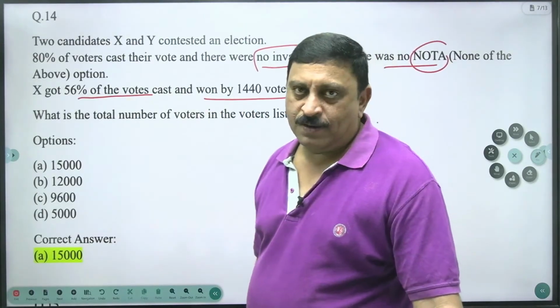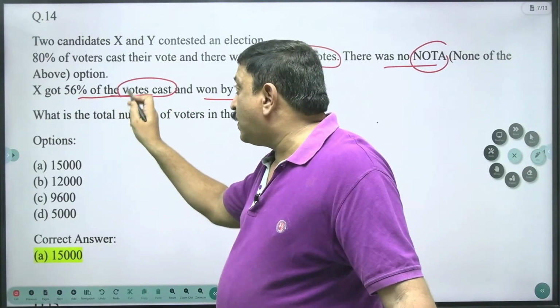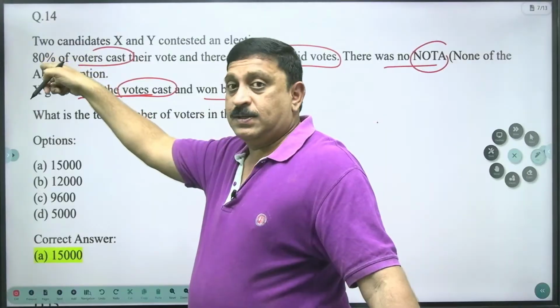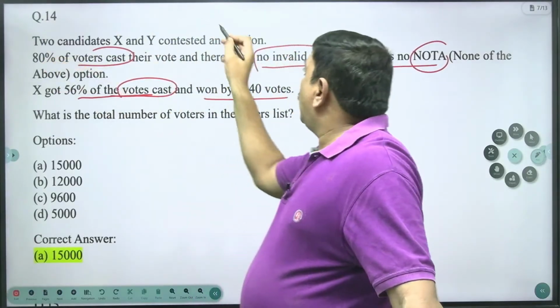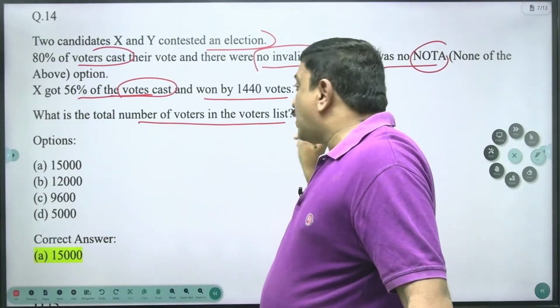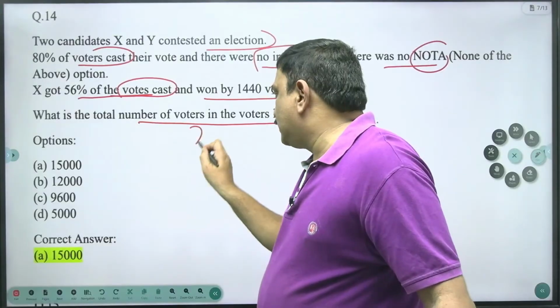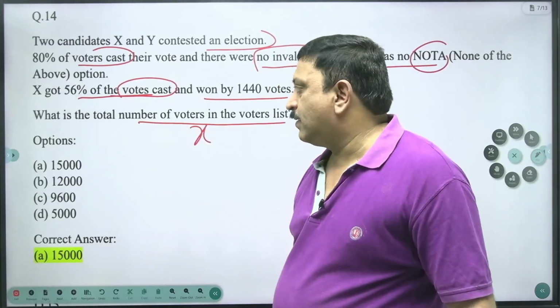He is the winner. He got 56% of the votes cast, but votes cast is how much? 80%. And the total number of votes in the voters list, first of all, in the voters list, suppose it is X. I need this one. That is what they're asking.